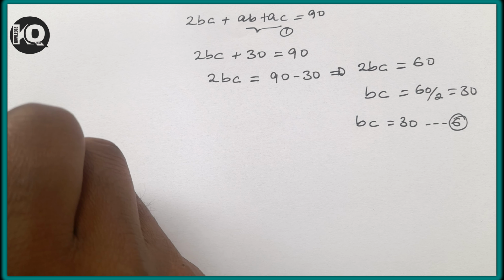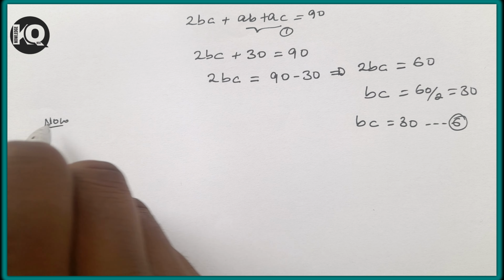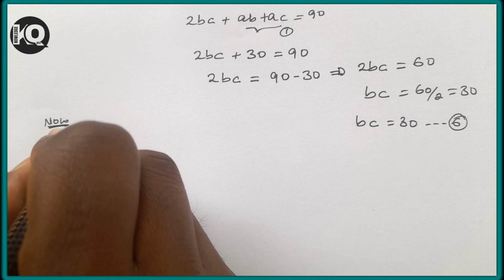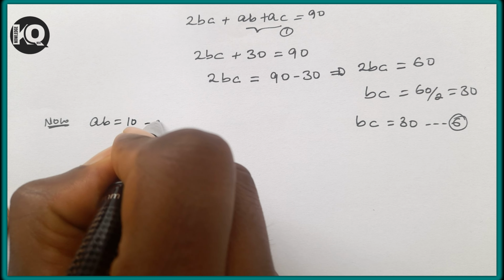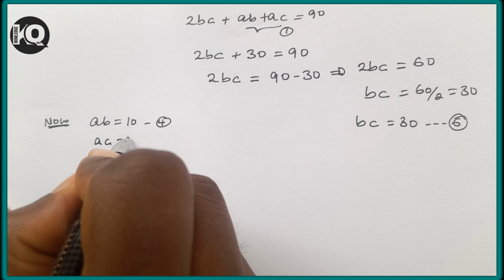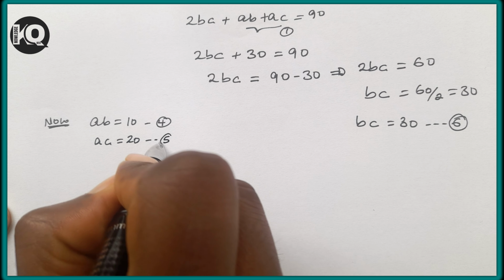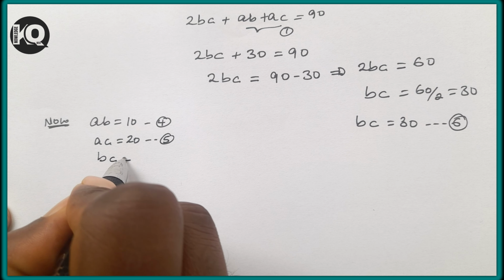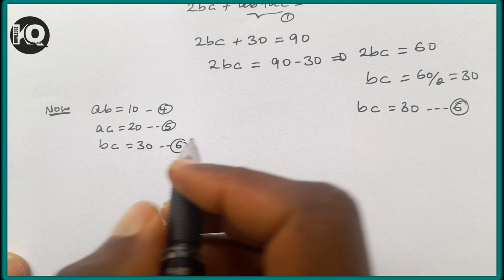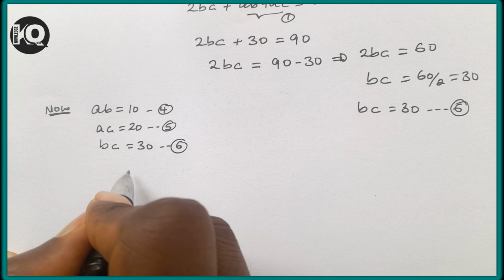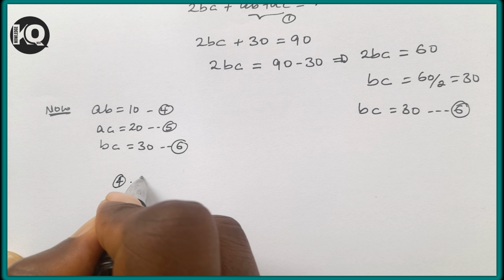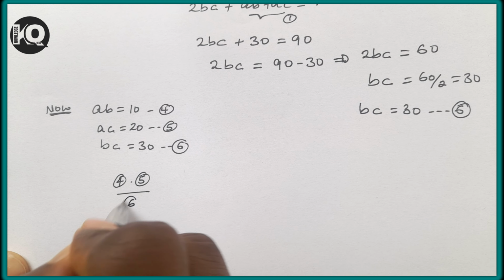Now let's recall each equation. ab is equal to 10, which is equation 4, ac is equal to 20, which is equation 5, and bc is equal to 30, which is equation 6. Firstly, let's multiply equation 4 and equation 5 and divide by equation 6.